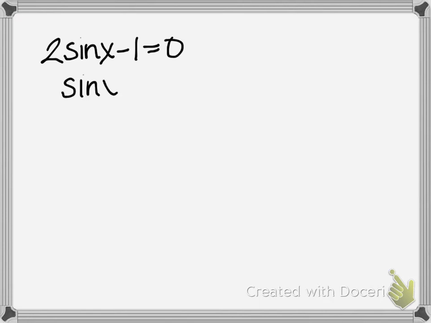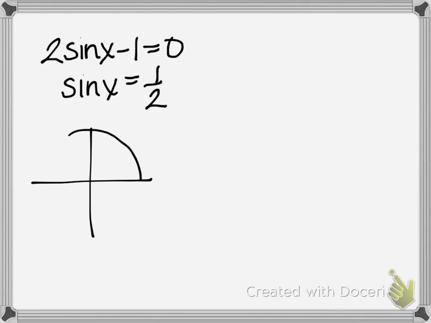I'm going to move to a fresh sheet of paper here. So 2 sine of x minus 1 is equal to 0. If we add 1 to both sides and divide by 2, we'll have sine of x is equal to 1/2. So again, we're back on the unit circle, thinking about what angle has a sine value of 1/2.